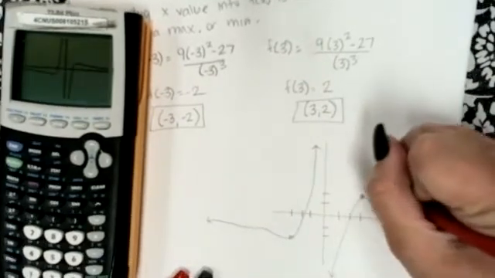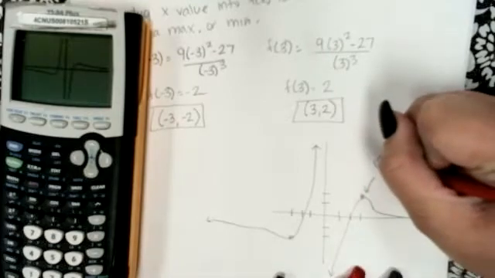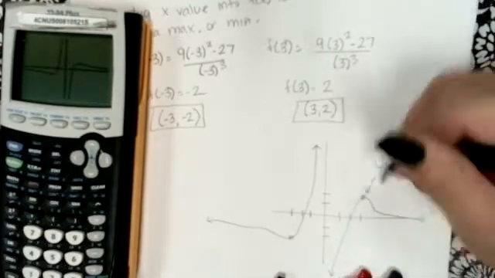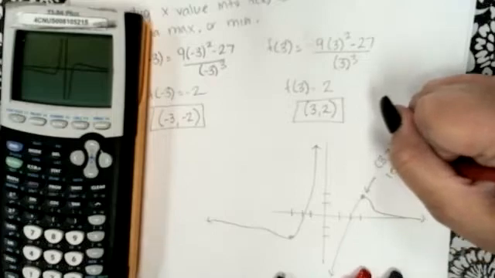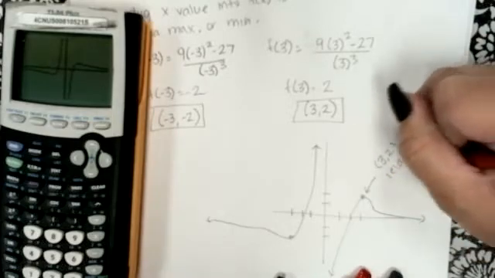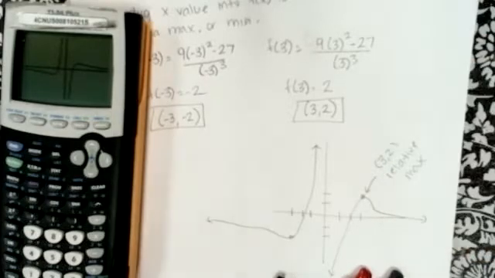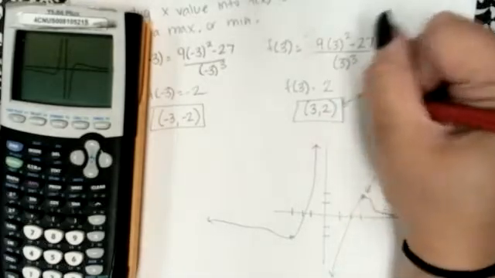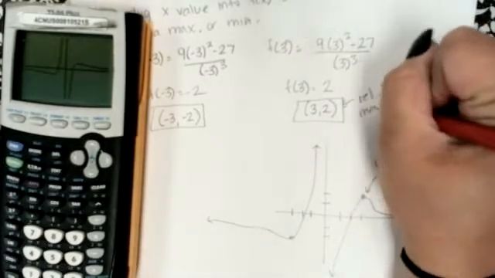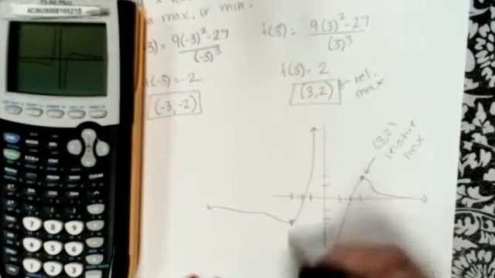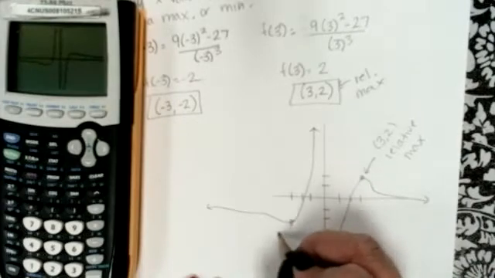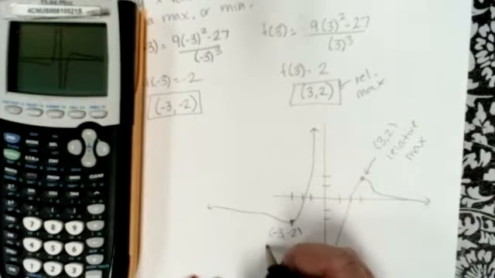This point right here is a relative max, because it's a high point. It's not an absolute, it's a relative max. This one right here, because it's on the bottom, is a relative min.